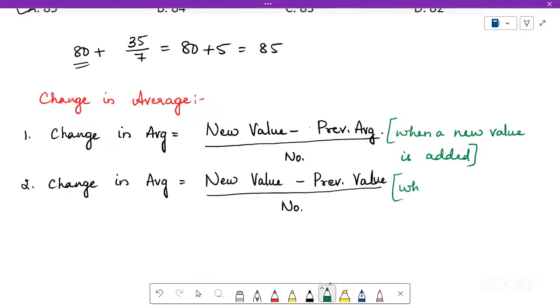This is when an existing value is replaced. We will solve a lot of problems based on this concept when an existing value is replaced. Change in average is new value minus previous average divided by number of values, or new value minus previous value divided by number of values. Which one to use, I have mentioned within the brackets.